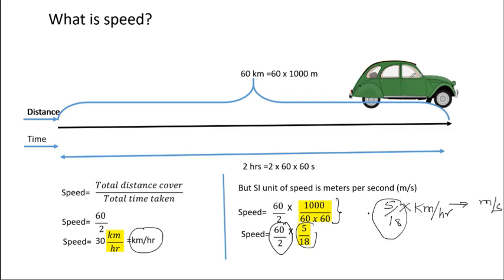And why that 5 by 18? You see this 1000 divided by 60 into 60 results into 5 by 18. So straightaway you can take this 5 by 18 fraction and multiply that number which is in kilometer per hour. You get a number which is in meter per second.